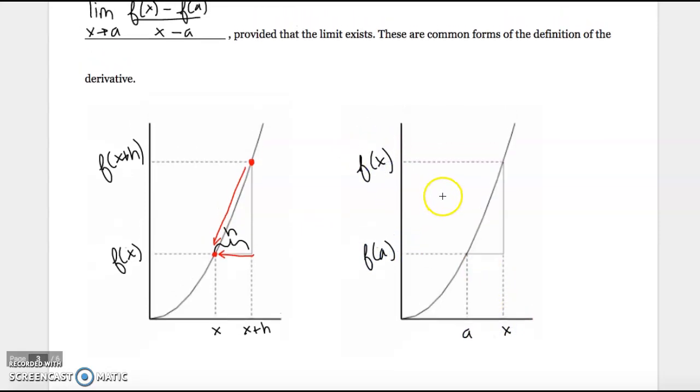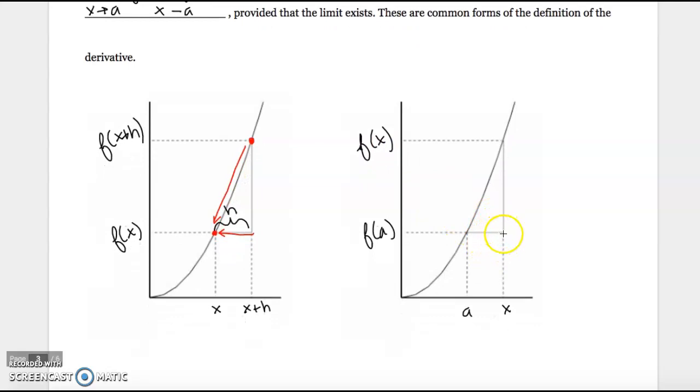It's basically saying the same thing, right? So I basically want my x value to get really close to my a value because I want this point to get really close to this one, so that way when I find my quote average rate of change, it gets closer and closer to actually finding my instantaneous rate of change, aka the slope of my tangent line.